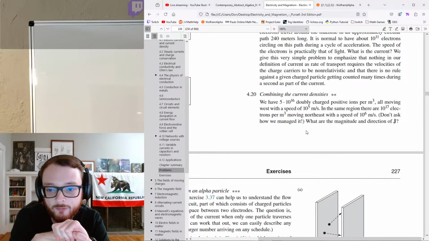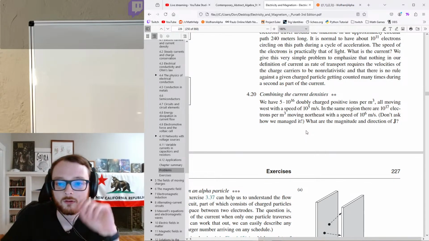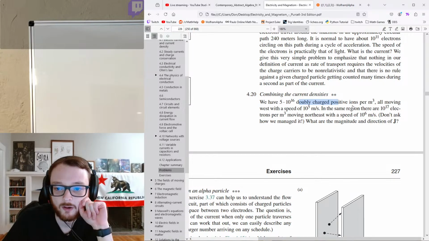So we have west and we have northeast, but these are, west are positive ions, northeast are electrons.